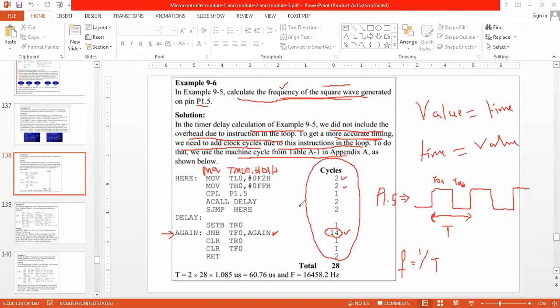What is the value I should write here to work upon timer 1 mode 1? Timer 1 mode 1.